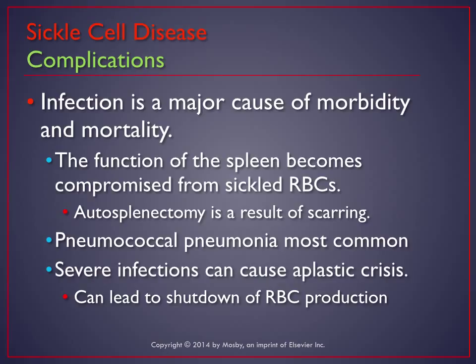Aplastic crisis can be so severe it can cause a temporary shutdown. So we don't want too many sickling episodes. We don't want complications. So by doing some patient teaching, it can be managed.